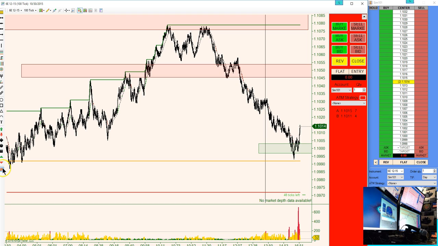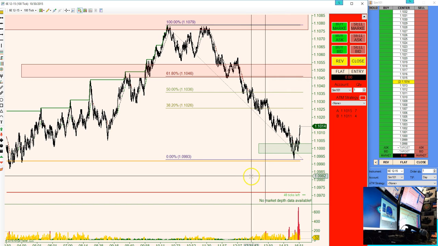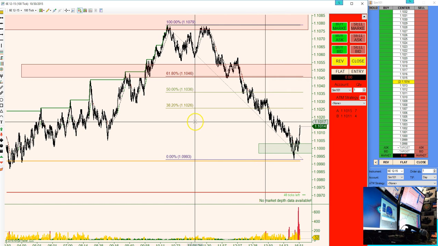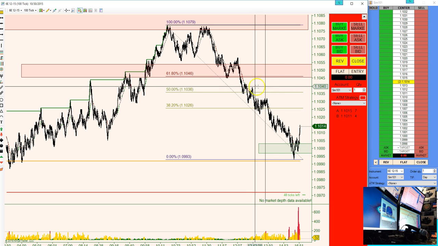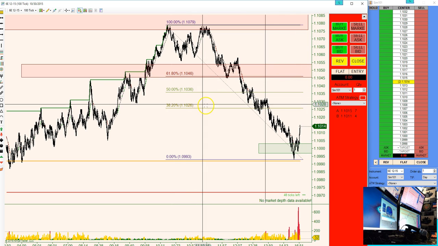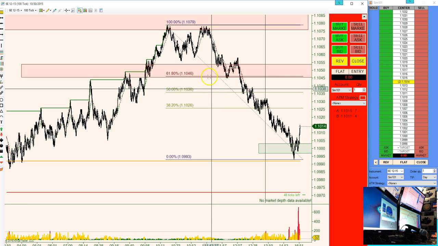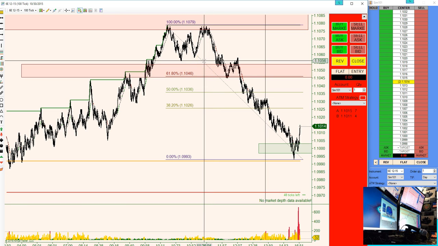A lot of times we'll get a kind of 50% retracement, and that's usually good enough to bring in some more sellers. So anywhere around 37 all the way up to 50, I'll start looking for any signs of sellers coming in, and if I see those signs, I'll be cautious about scalping to the long side.